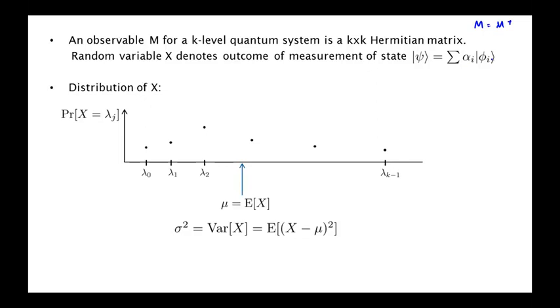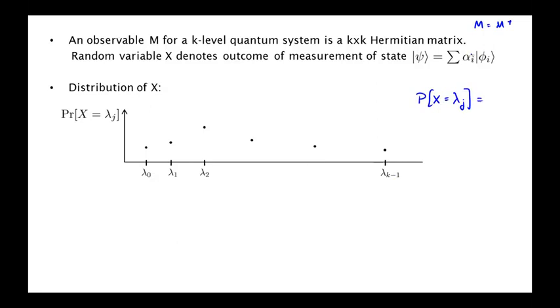This is sort of easy to do, because we know the outcomes are supported on the eigenvalues of M. So if the eigenvalues are lambda naught, lambda 1 through lambda k minus 1, then the probability that x equal to lambda sub j is just what?